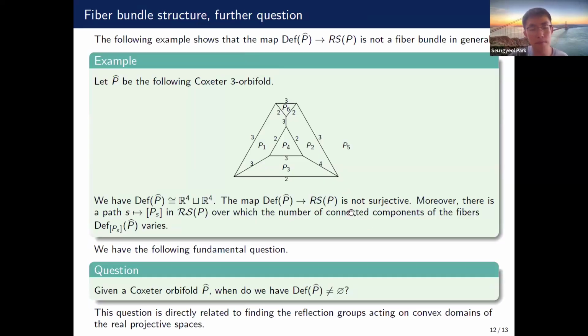There is still an unsolved question: we still have to find under which conditions on the Coxeter orbifold the deformation space is non-empty. We still do not have a full description of orbifolds which admit a real projective structure.